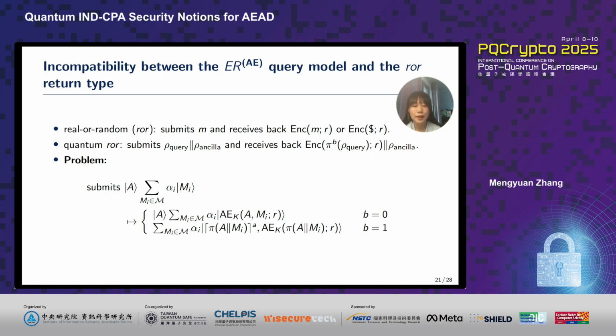But when bit B is 1, the challenger has to first apply a random permutation pi to A and M before passing it through the ERA oracle, and this will induce an entanglement between these two registers. Then the adversary can measure this register and immediately detect that it has changed. Moreover, we are unable to restore the A register since the message register has already changed.